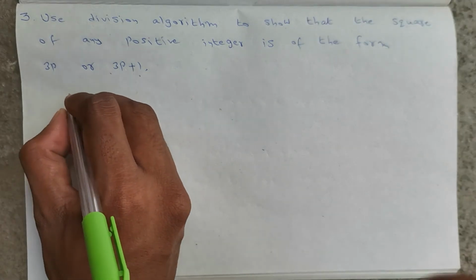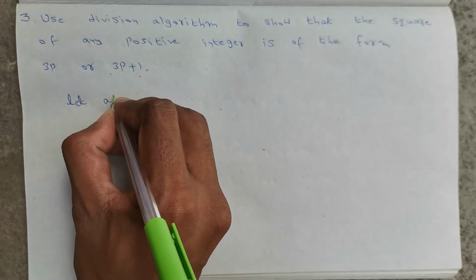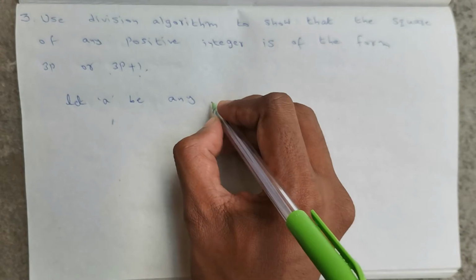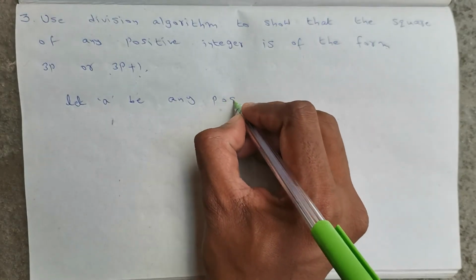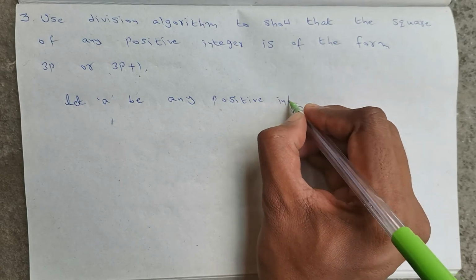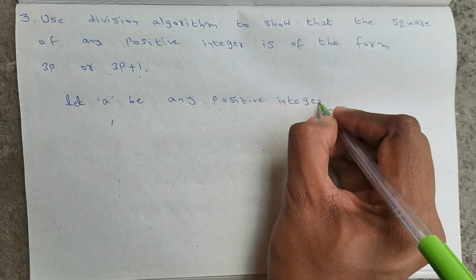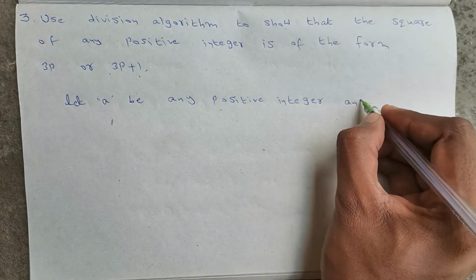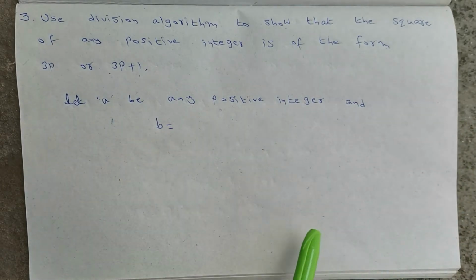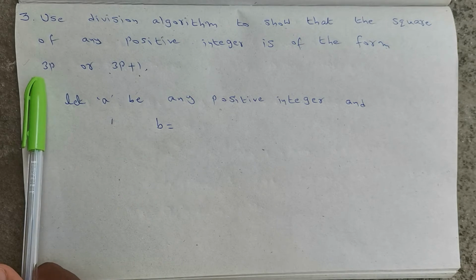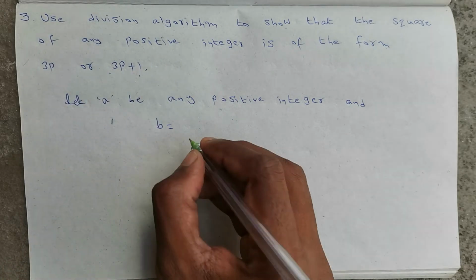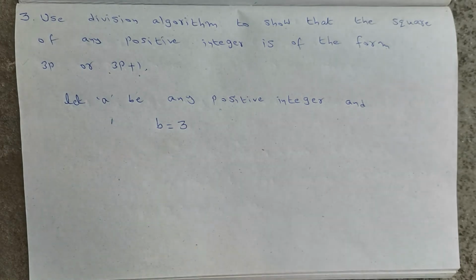The first steps, as usual: let A be any positive integer, and B, from the question, it is in the form of 3p or 3p plus 1, so the B value is 3.